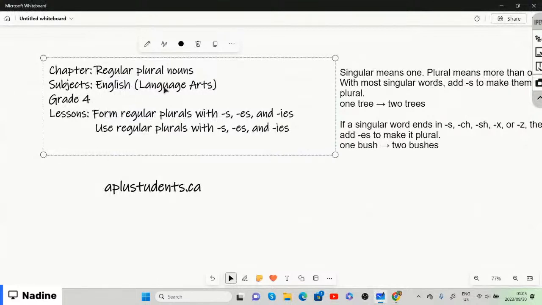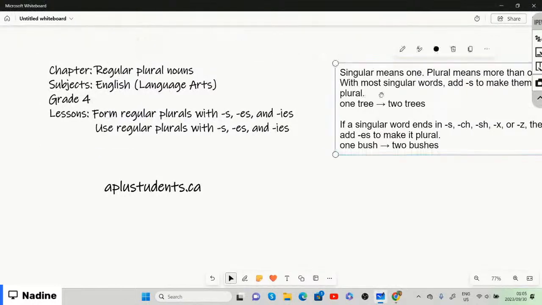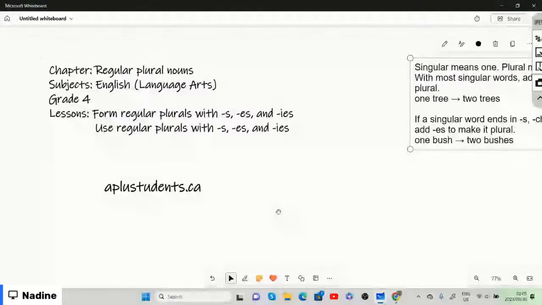And the lessons we're going to be focusing on are to form regular plurals with S, ES, and IES, and to use regular plurals with S, ES, and IES. So that is going to be our focus for today. If we do have more time, then we will probably continue with the rest of the lessons.